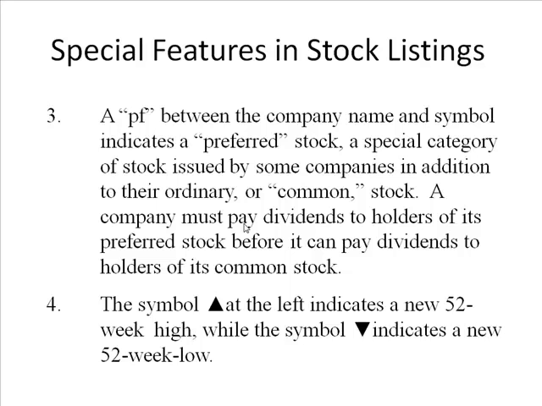This is a special category in addition to their ordinary or common stock. A company must pay dividends to the holders of preferred stock before it can pay dividends to holders of its common stock. An up arrow at the left indicates a new 52-week high, while a down arrow indicates a new 52-week low.